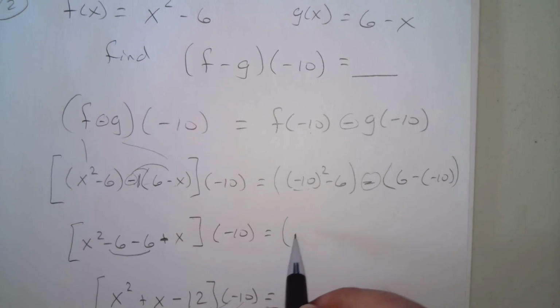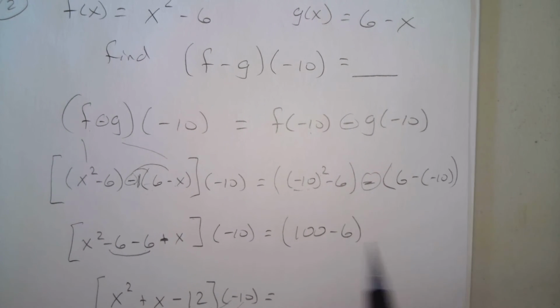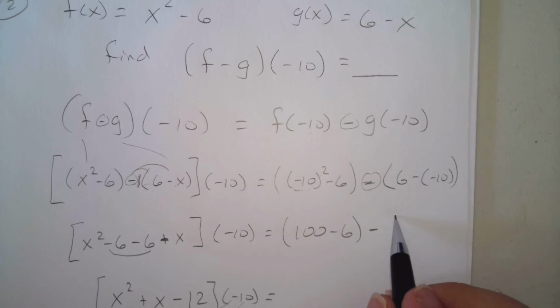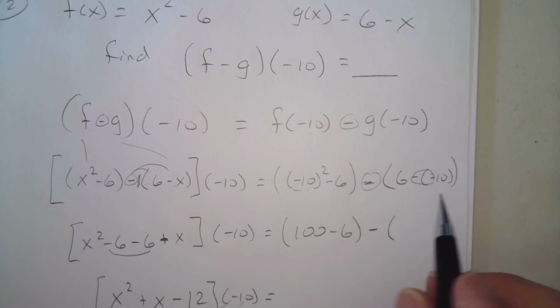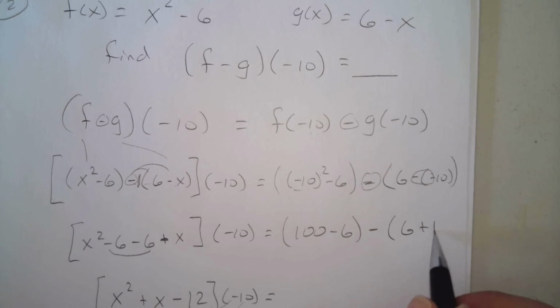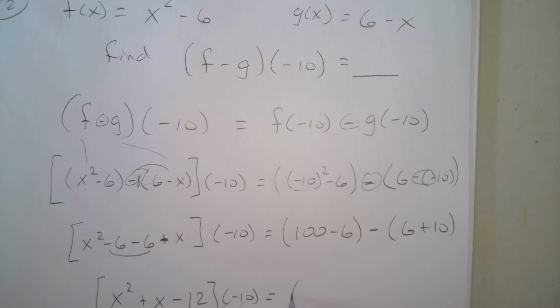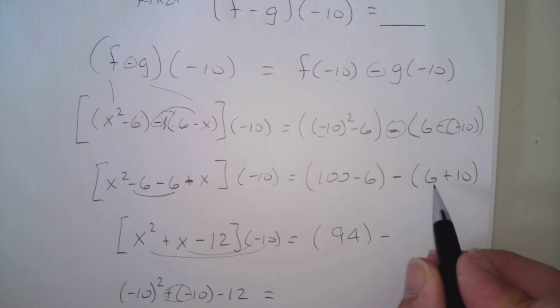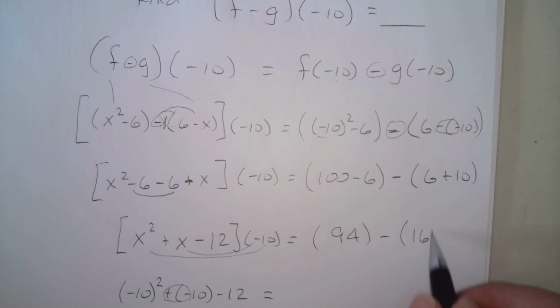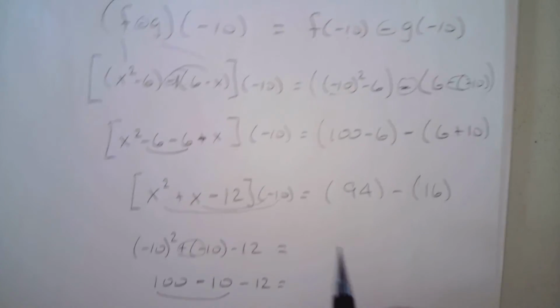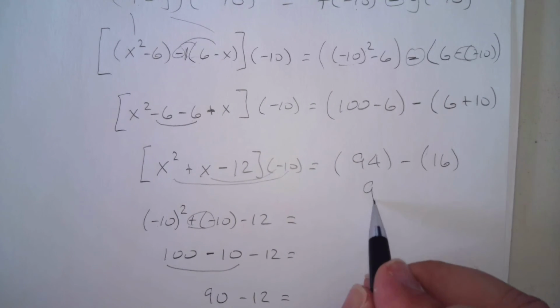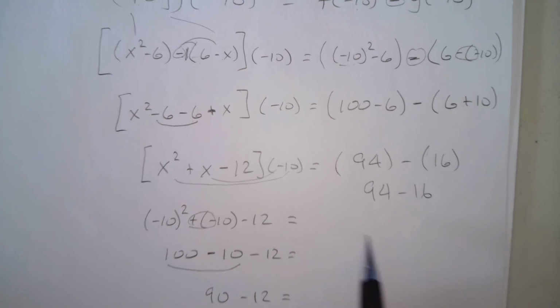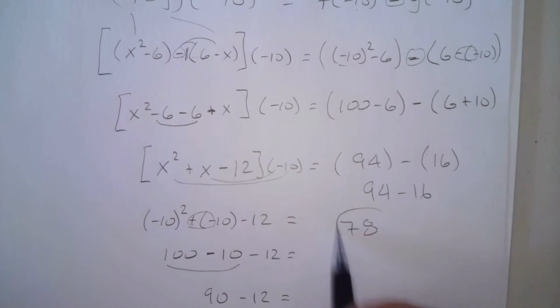So negative 10 squared is 100 minus 6. That's 6 plus 10. 100 minus 6 is 94. 6 plus 10 is 16. So 94 minus 16 is 78.